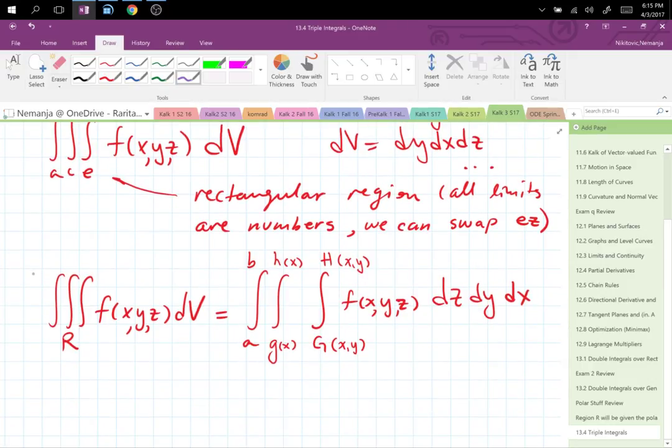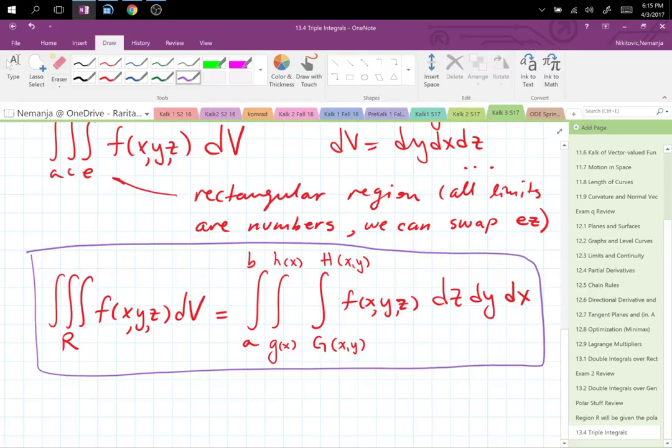And this is the most interesting integral for us because it allows for all kinds of crazy calculations. This is the general region. Cannot swap easily.